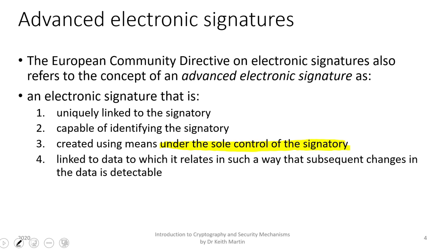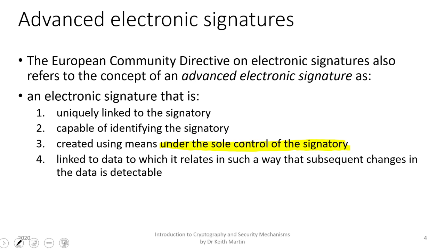And the last requirement is, if we create a digital signature for a particular message or piece of data, and there are some subsequent changes to that data at a later point in time, then that change should be detectable from the original digital signature.